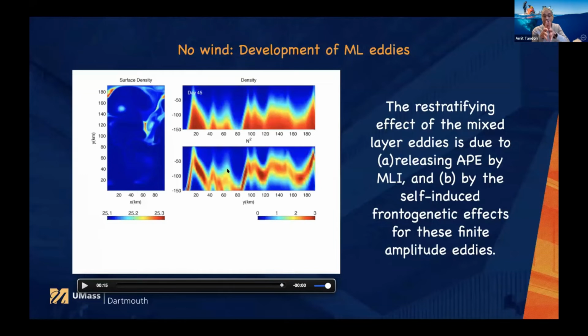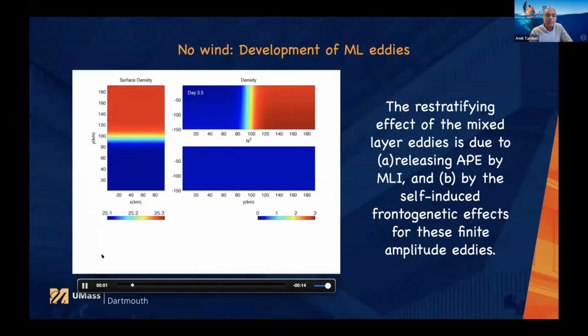So they convert this horizontal buoyancy gradient into a strong vertical buoyancy gradient. And so the restratifying effect of the mixed layer eddies is because of releasing the available potential energy by this mixed layer instability and by self-induced frontogenetic effects. Of course, in this case, because it was unforced, you could see the inverse cascade as the eddies become larger and larger as time goes on.